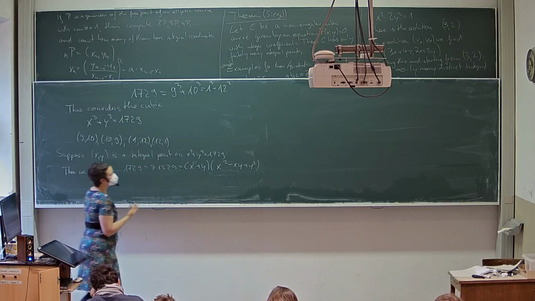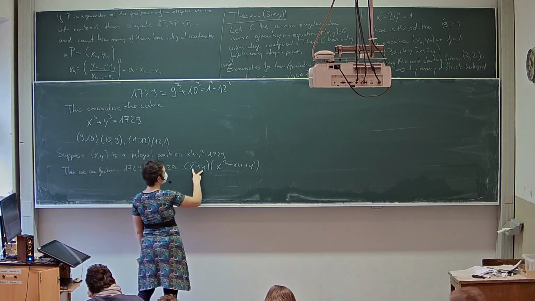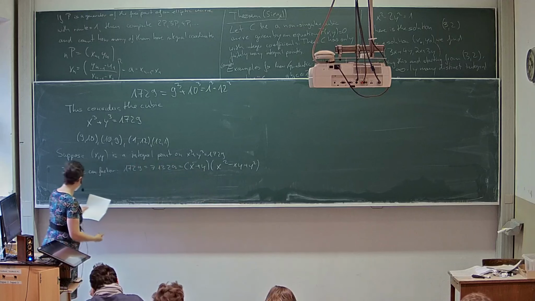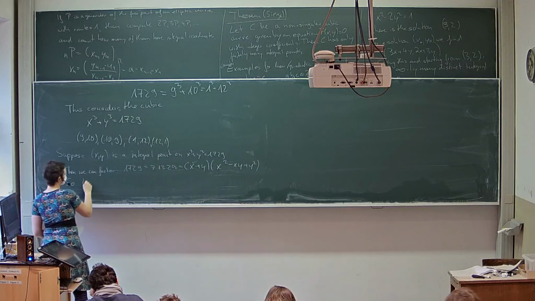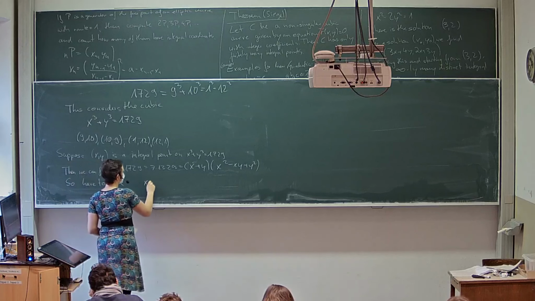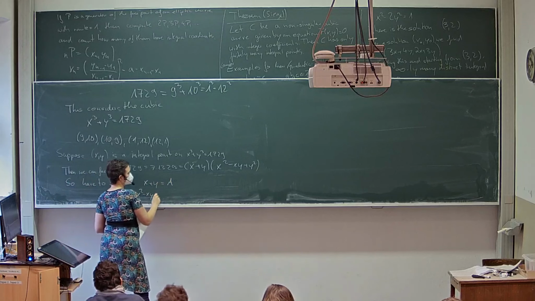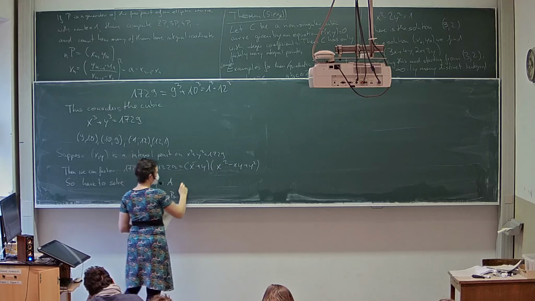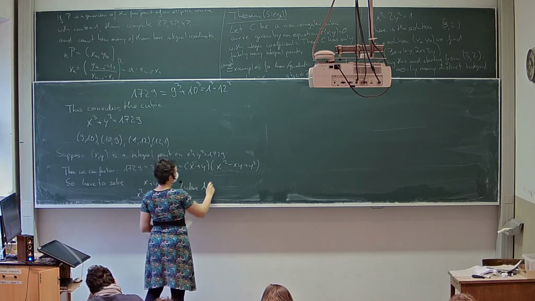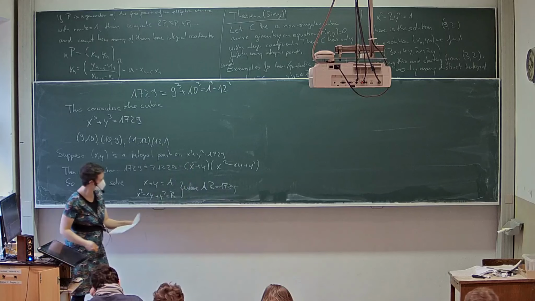And now we have basically a smaller problem. We can solve now: x plus y is one of the factors, and this is the other one of the factors. So we have to solve x plus y is equal to a, and x squared minus xy plus y squared is equal to b, where a times b is 1729.